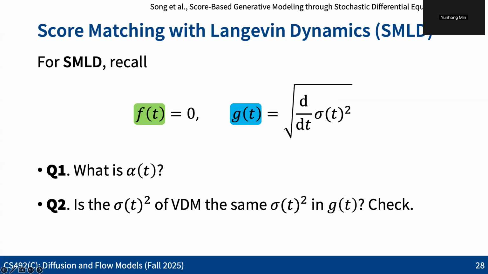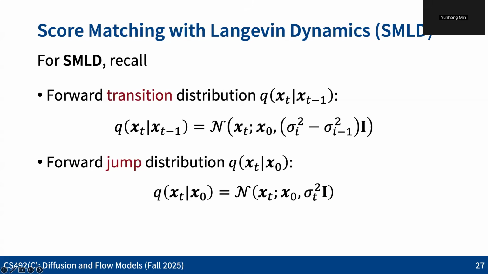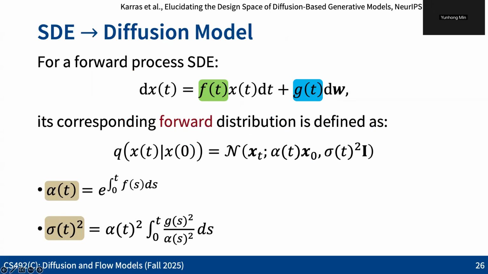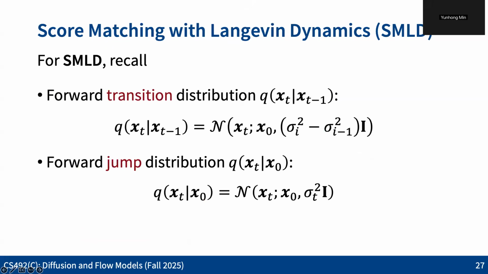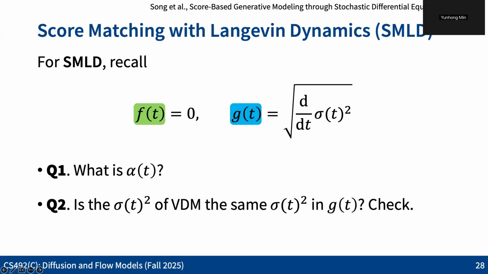These are what we have seen for the SMLD case. This is our default SDE, which was derived from this, right? Based on this, if we compute the alpha and sigma functions, then the jump distribution should be defined in this way, right? Makes sense. So let's quickly check this out.